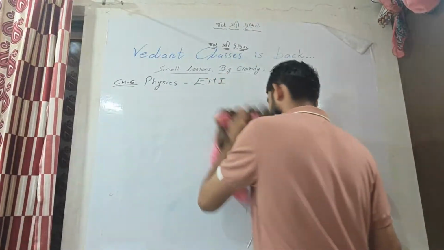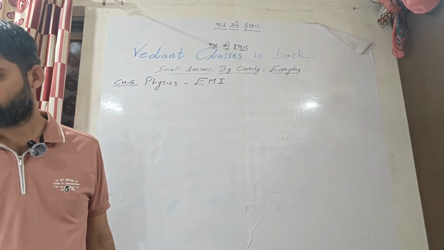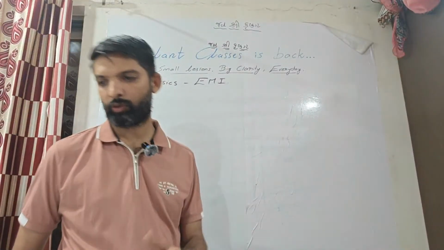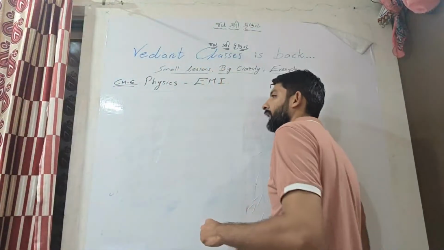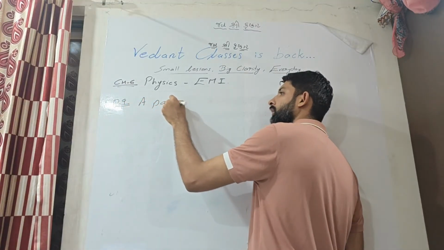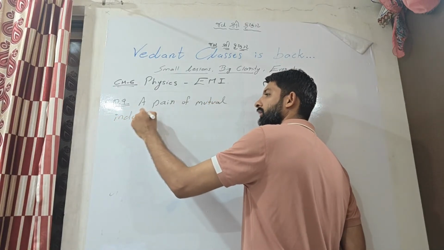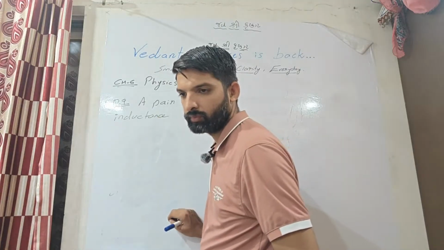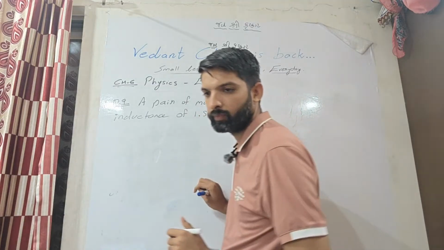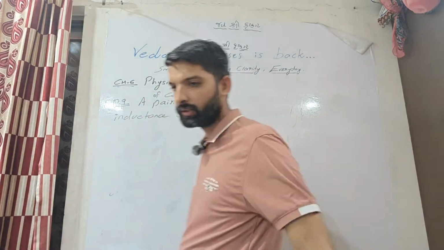Let's see the next one. A pair of adjacent coils has a mutual inductance of 1.5 Henry.